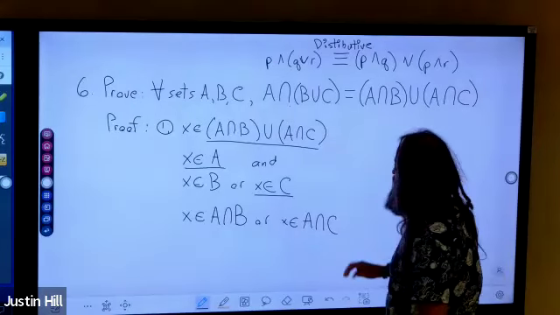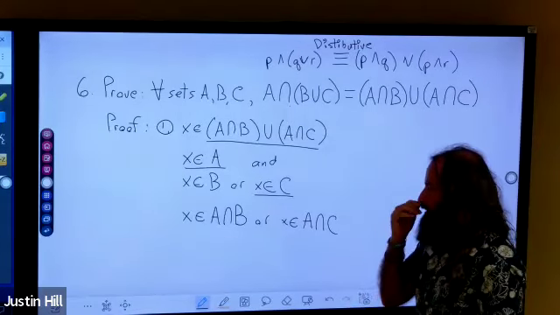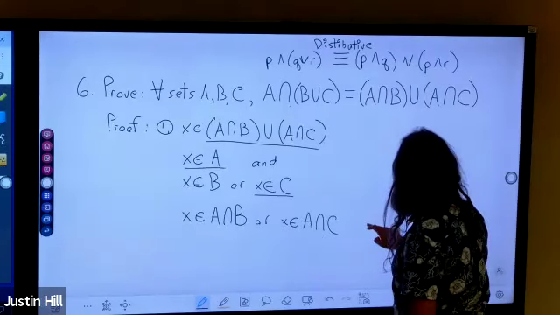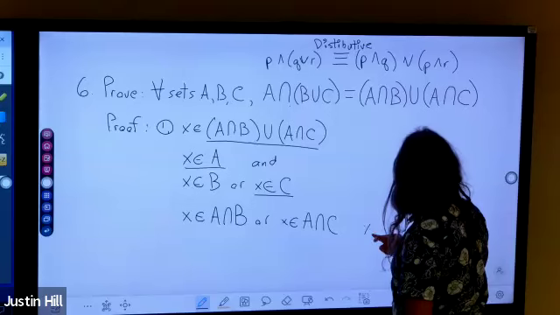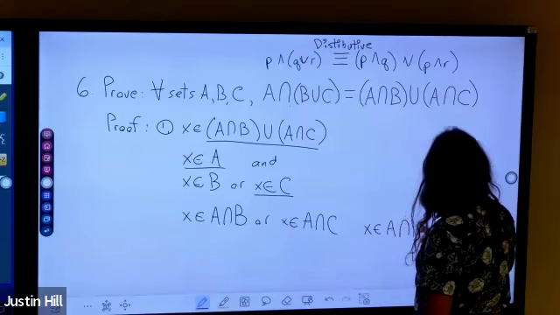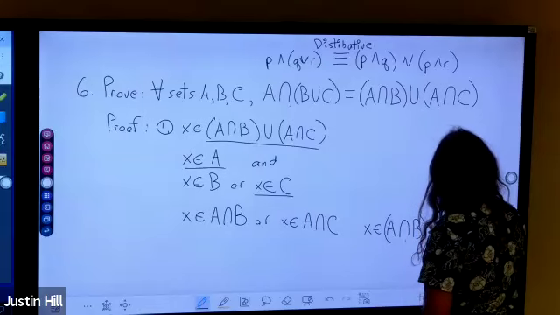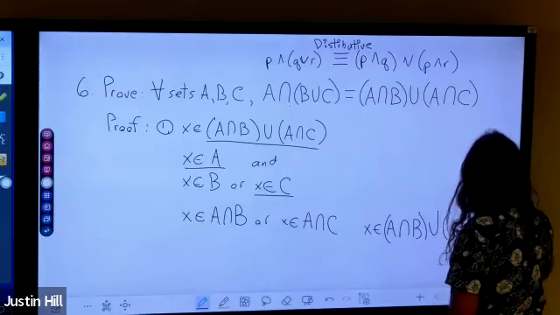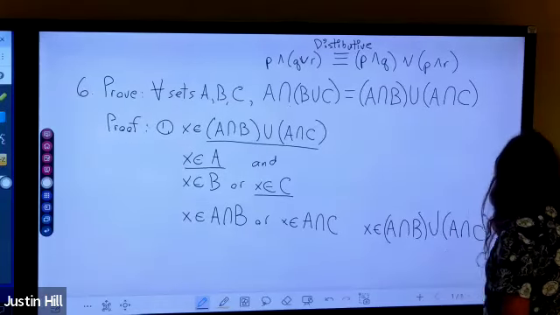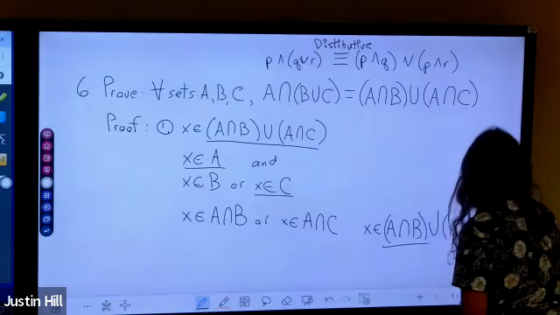Good. So by definition of union, I can retranslate this. And so this is what you would have had filled in. X is in A intersect B union A intersect C.